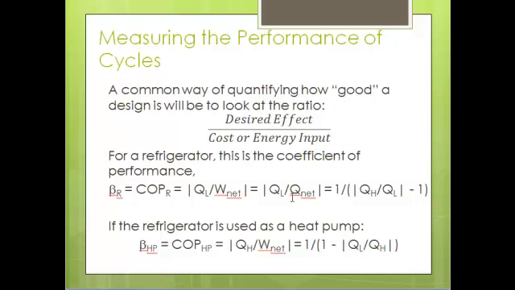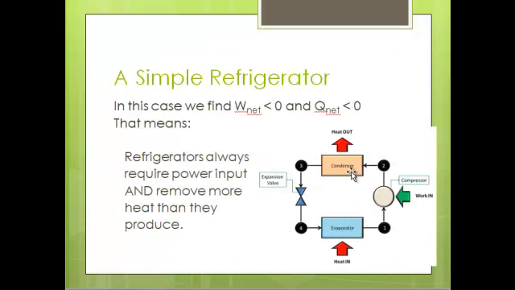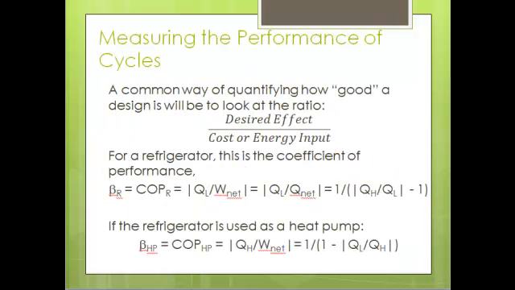But W net is Q net, and using a similar argument, I can do some algebra. This is QH plus QL, taking absolute values of these. The QH is going to be, well, let's come back to our picture back here. This is going to be my hot, my cold, and I'm going to have my signs when I work them out here.